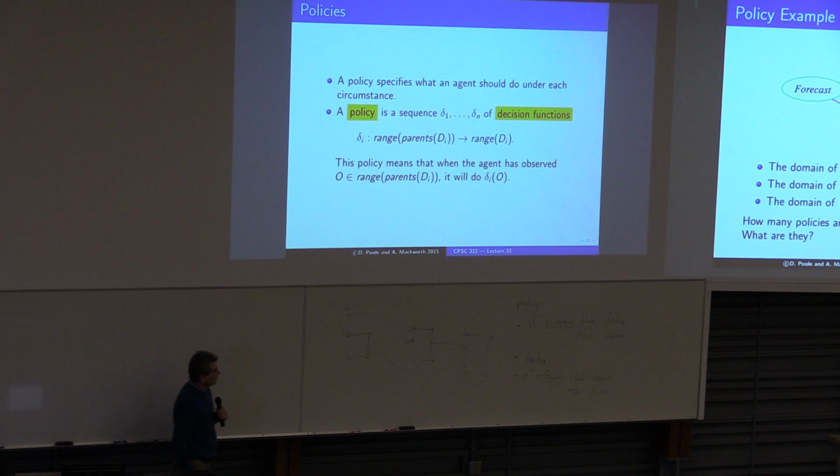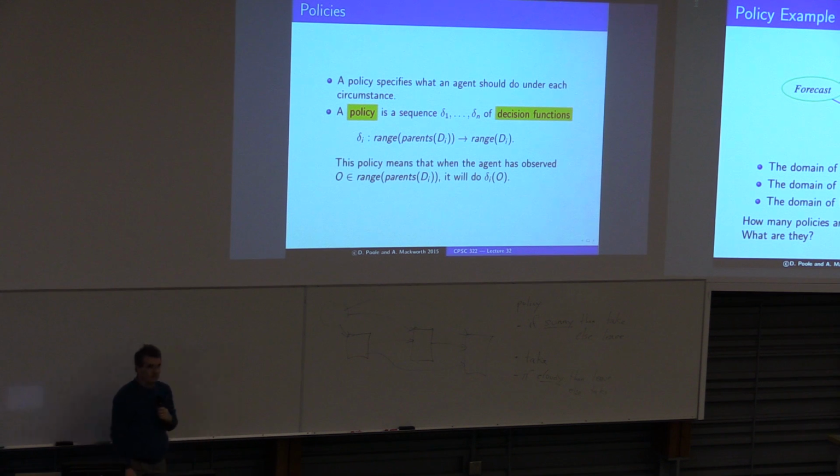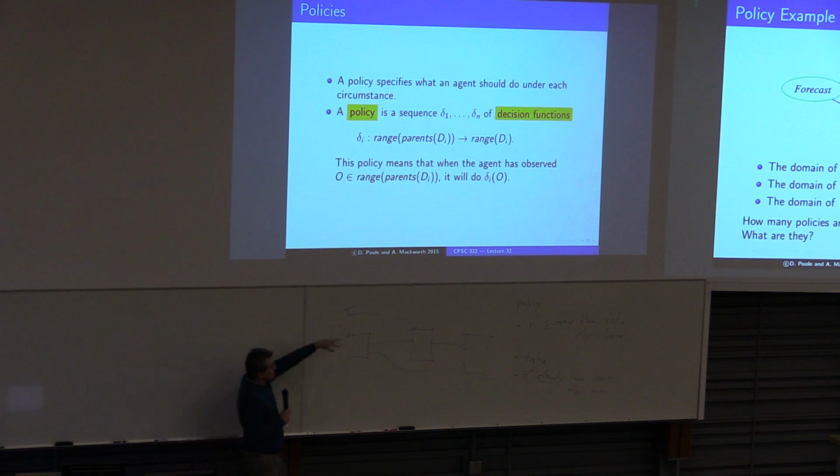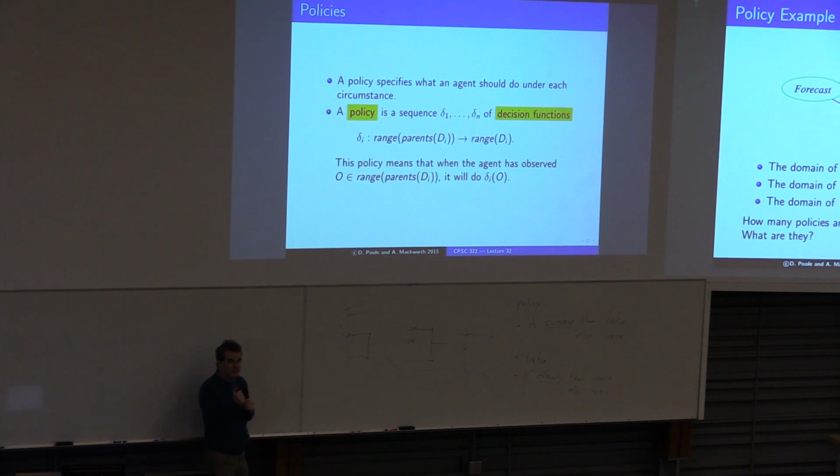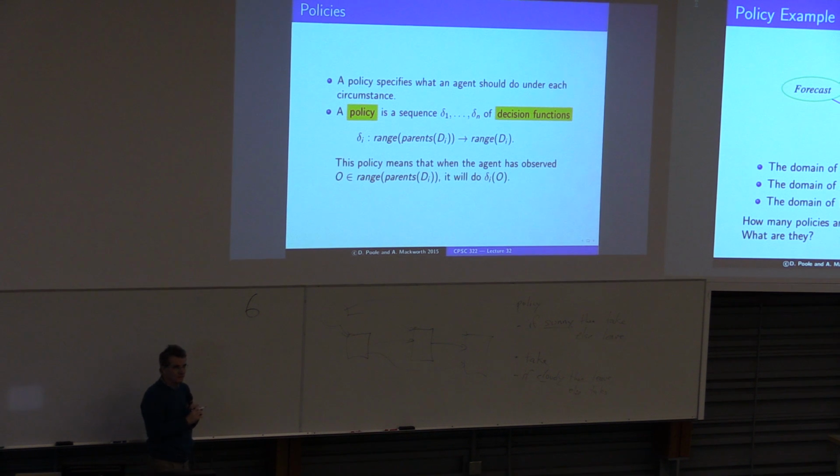So how many policies are there? How many functions? There's 3 different things it could depend on. So umbrella only depends on the forecast. Does anyone know how many policies there are? 6, someone suggested. What else might it be?